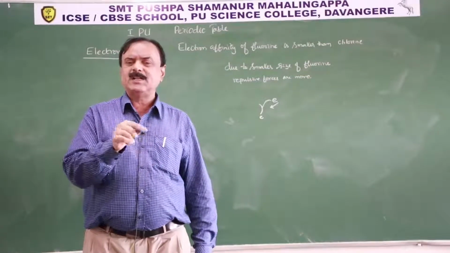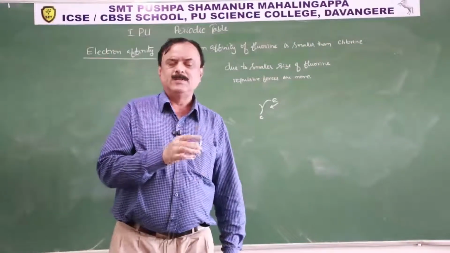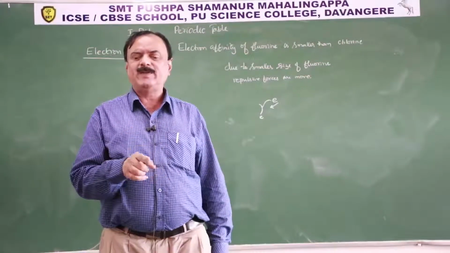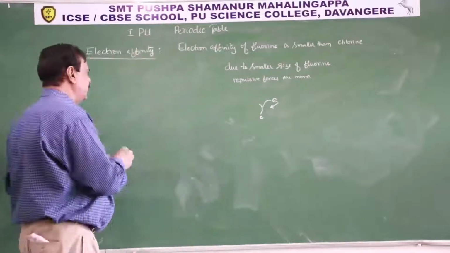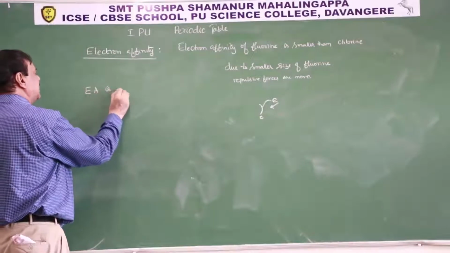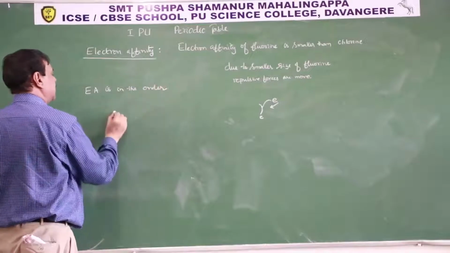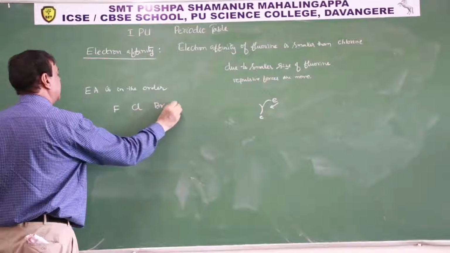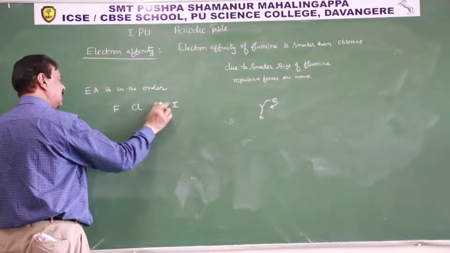Then from chlorine onwards, the electron affinity value decreases. The electron affinity of bromine is smaller than that of chlorine, and the electron affinity of iodine is smaller than that of bromine. Therefore, the electron affinity order is: chlorine is greater than fluorine, chlorine is greater than bromine, bromine is greater than iodine.